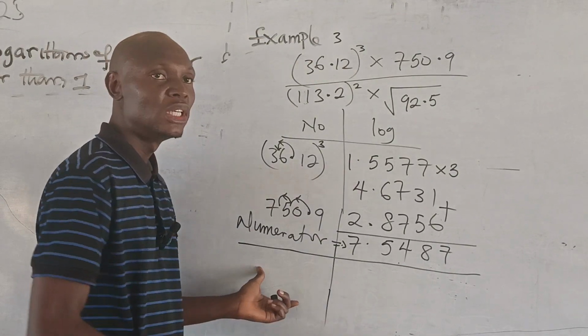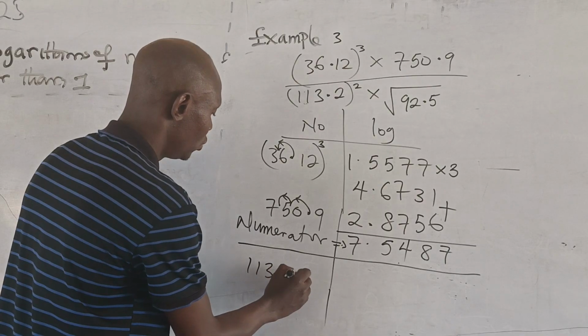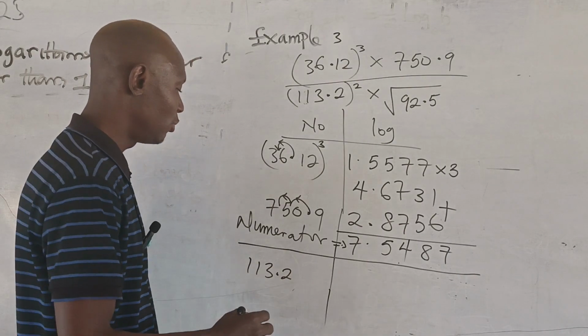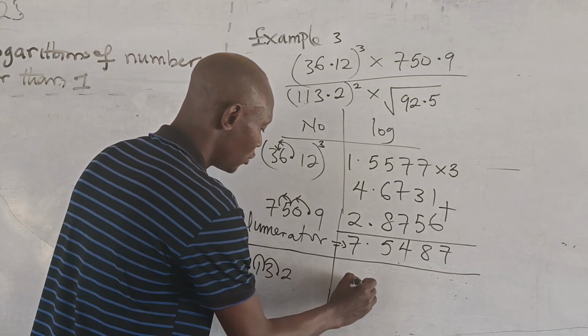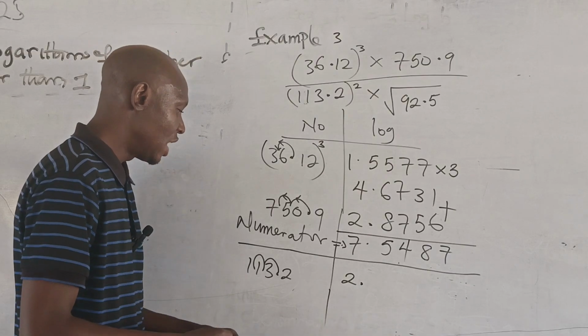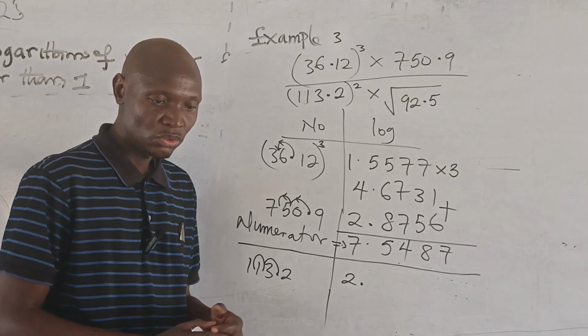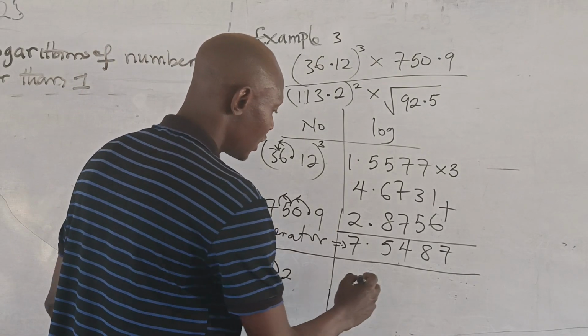We go to the denominator. So we have 113.2. The integer of this is 1, 2. So we have 2 points. So from here, we are going to look for 11 under 3 difference 2. 11 under 3 difference 2 will give you 0.539.